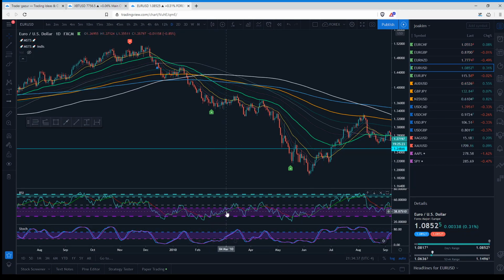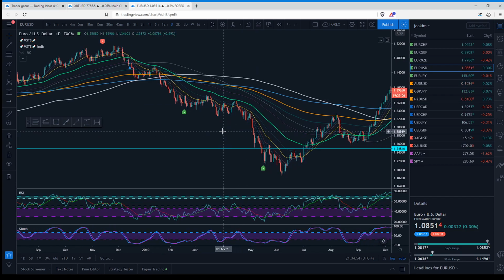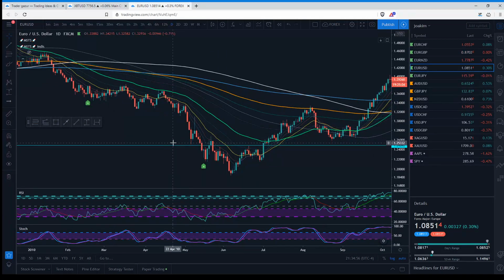But again, we're trying to get out of the bearish control zone. We get rejected at the neutral zone. So this is pretty indicative that we're going further down. We retest right here, giving a great opportunity to short again.